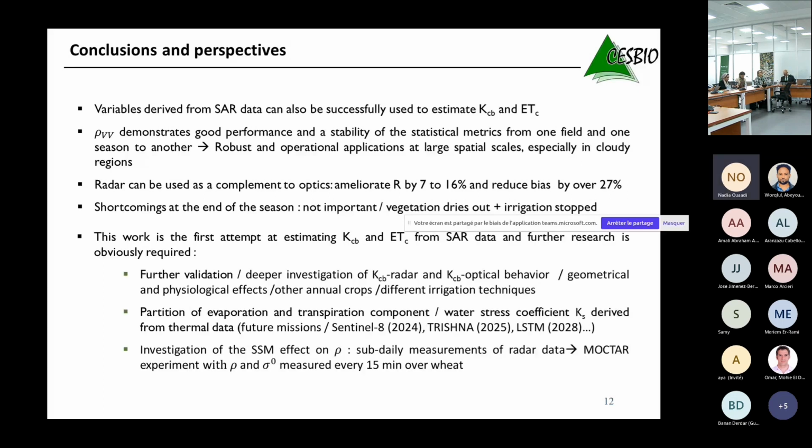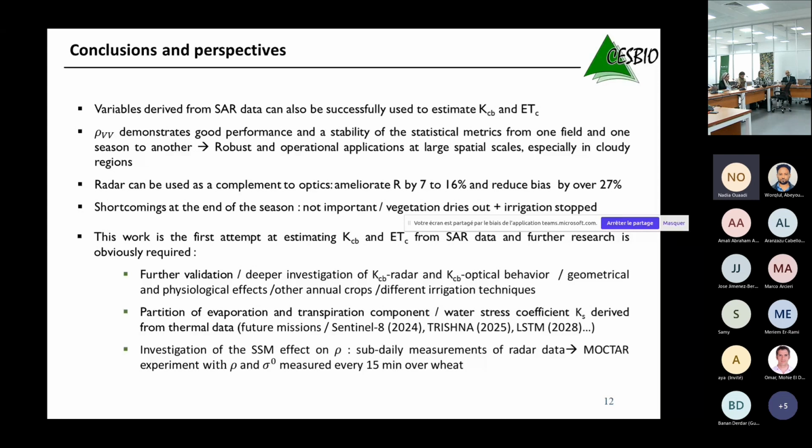However, this work is the first of its kind and it's a first attempt at estimating the crop coefficient and consequently evapotranspiration from synthetic aperture radar data. But further research is obviously required, for further validation in order to deepen our investigation and our understanding of the relationships between the basal crop coefficient and radar and optical data behavior, in view of different geometrical and physiological effects.